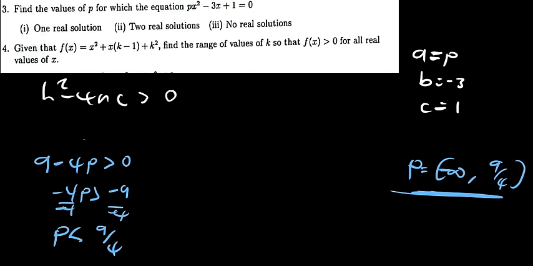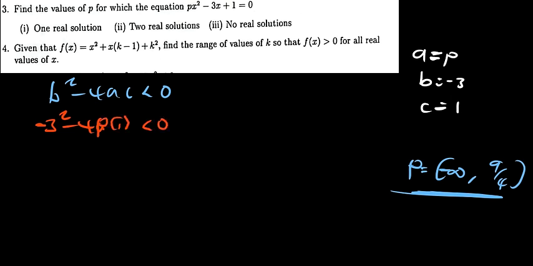If no real solution, the last part, we are going to say less than. So it will be b squared minus 4ac less than 0. We plug in the values: negative 3 squared minus 4 times p times 1 less than 0. 9 minus 4p less than 0.